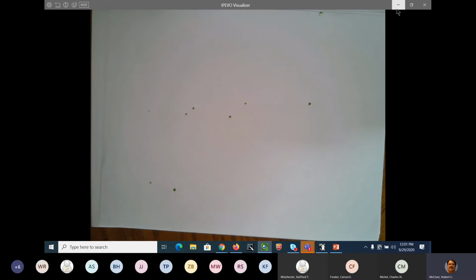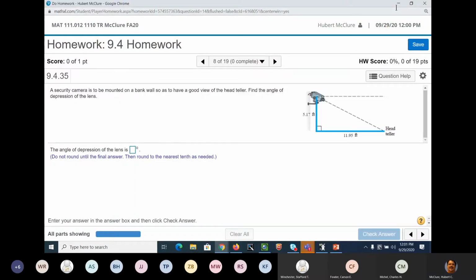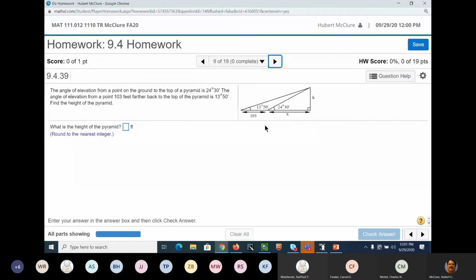Let's do a nerd. All right, this one right here will probably make your head explode because you have to actually do some thinking. The angle of elevation from a point on the ground to the top of a pyramid is 24.30 degrees, or 24.5 degrees.